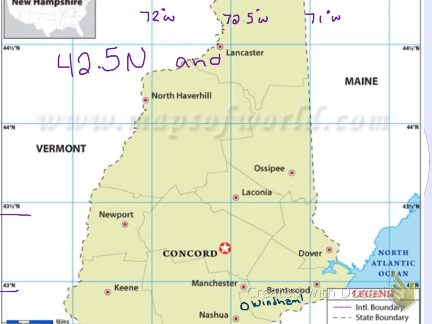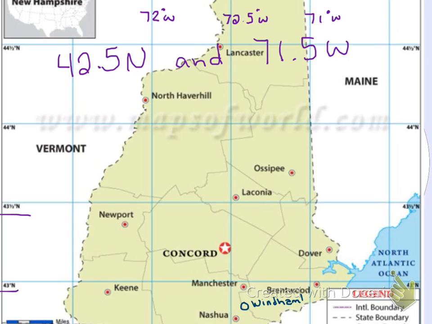And if you look at the top here, I've put the lines of latitude, just kidding, the lines of longitude, at 72 degrees west and 72 and a half west and 71 west. This is what it said on the map, but it got cut off. And so you can see here that we're just between 71 degrees west and 72.5 degrees west.